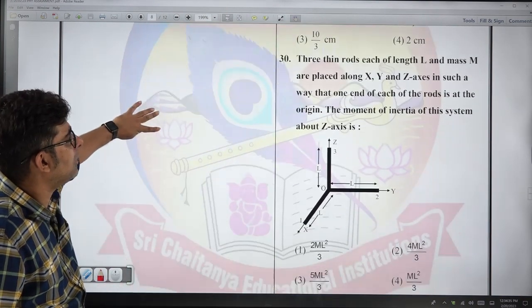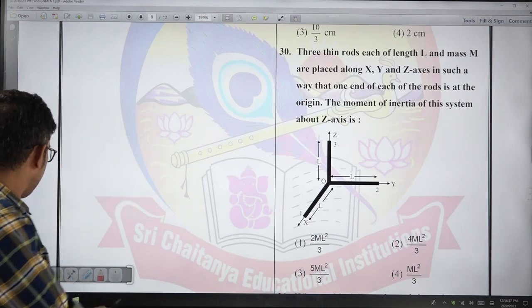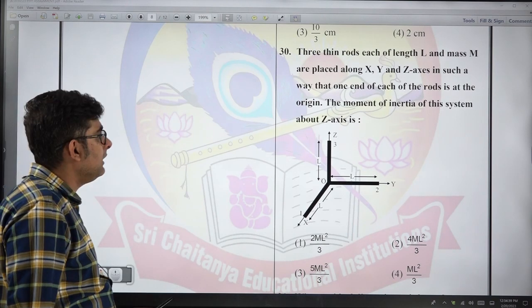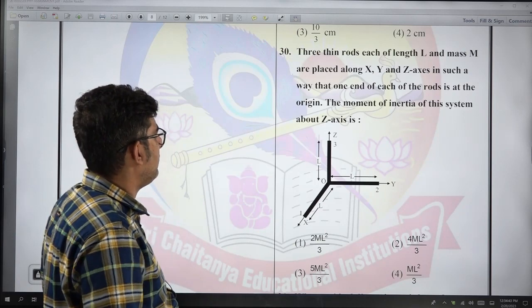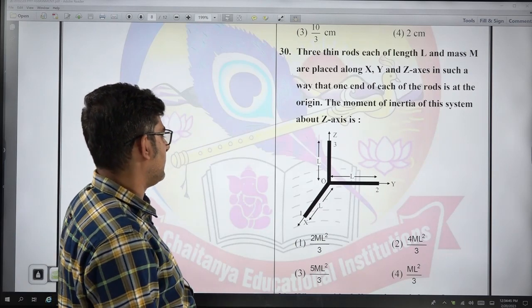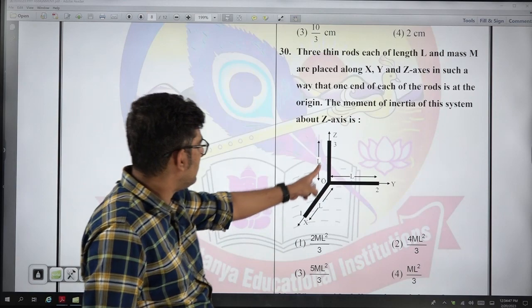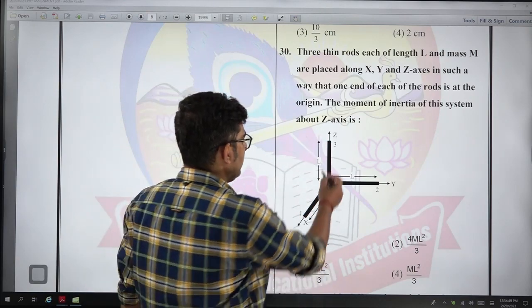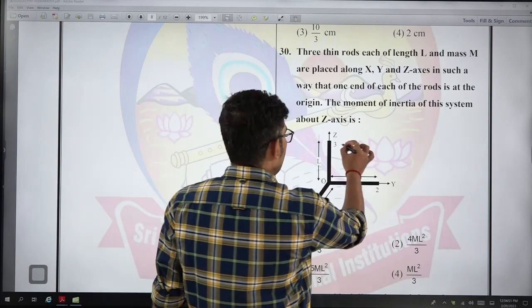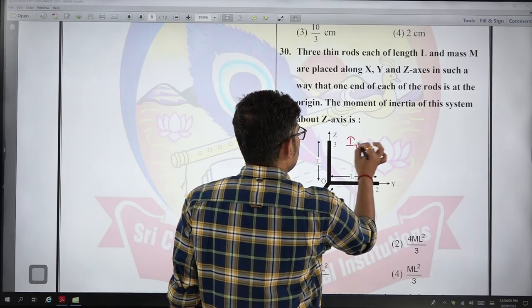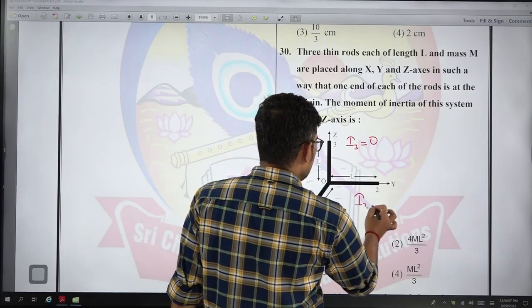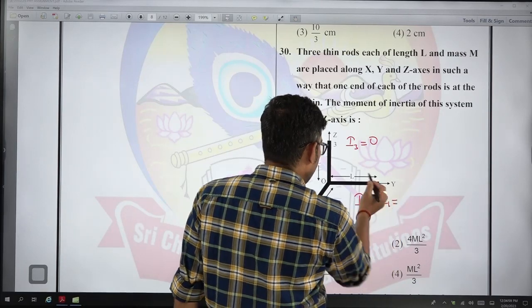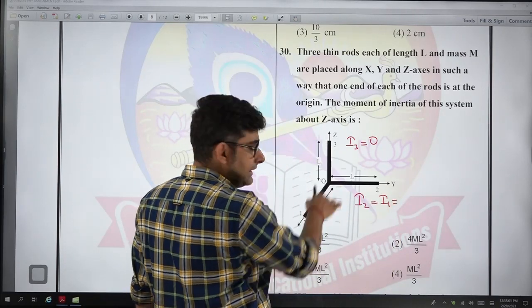Next is 3 thin rods, each of length L and mass M. Fine. They are along x, y and z axis. Which axis are they asking the moment of inertia about? Z axis. So can you see that this rod is already lying on z axis? So its moment of inertia is 0. So I3 is 0 and I2 and I1, both of them, z axis is their end axis.